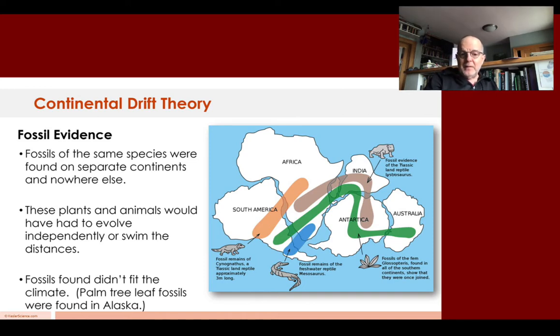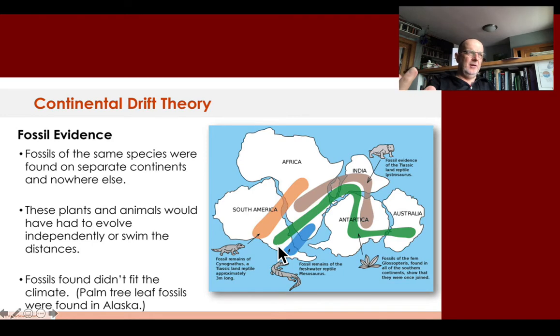of these continents. Here, with the green, we have a fossil of what's called Glossopteris, which is a plant. You can find the fossil of this plant on the Australian continent today, Antarctica, India, the island of Madagascar, Africa, and South America.